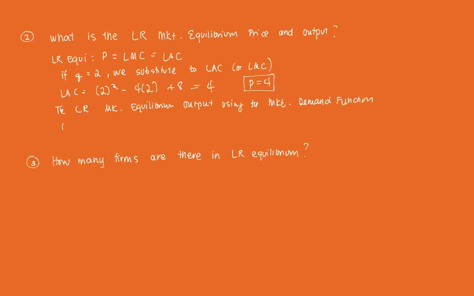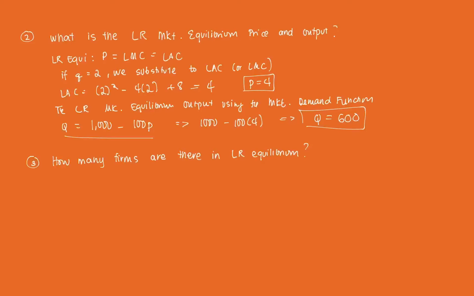If you recall, that's Q is equal to 1000 minus 100 times P. So this was the function that was given. If we plug in 4, that's 1000 minus 100 times 4. That leaves us with Q is equal to 600. So in this market, the long run market price is 4, while the long run market equilibrium output would be 600. So if we have this data, we can also analyze how to do question 3.